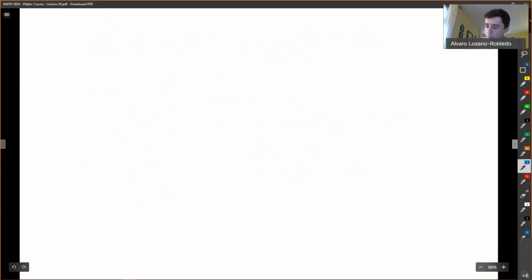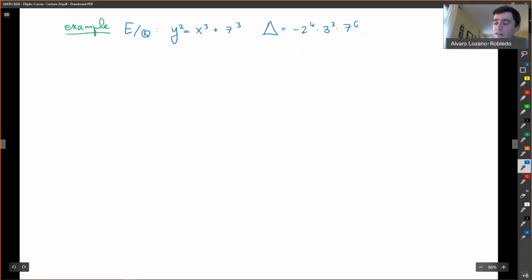Okay, so one more example, and that is going to move us towards explaining stable versus unstable reduction. So now take E to be y squared equals x cubed plus 7 cubed. This elliptic curve has delta minus 2 to the 4 times 3 cubed times 7 to the 6.